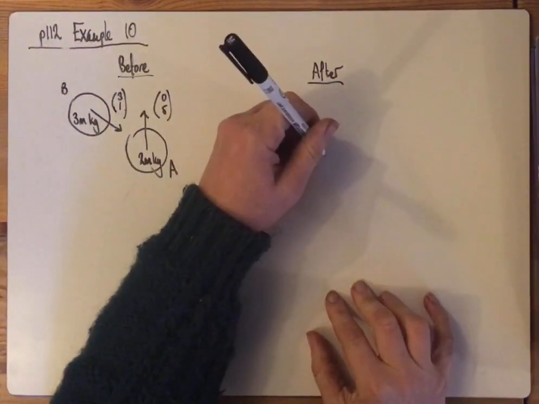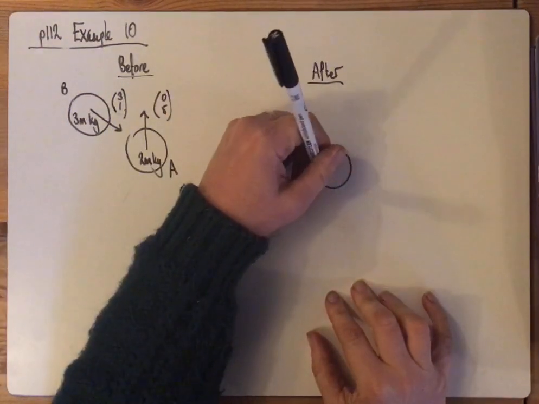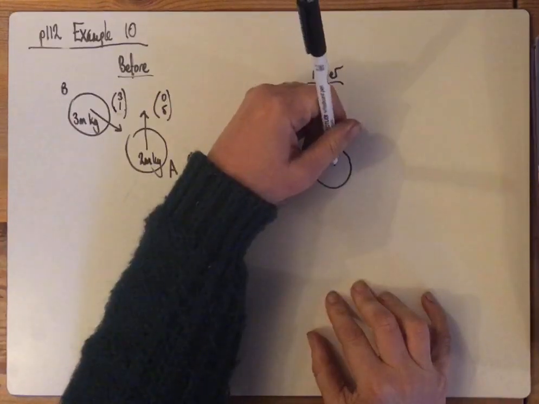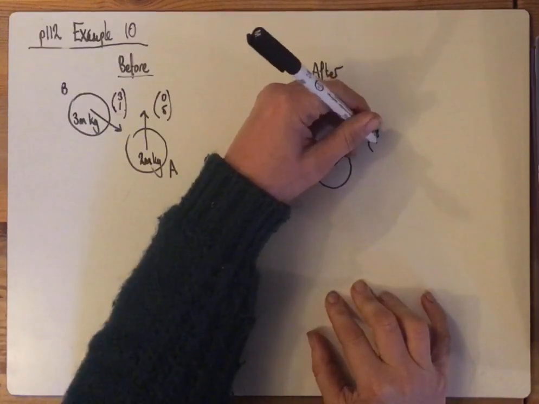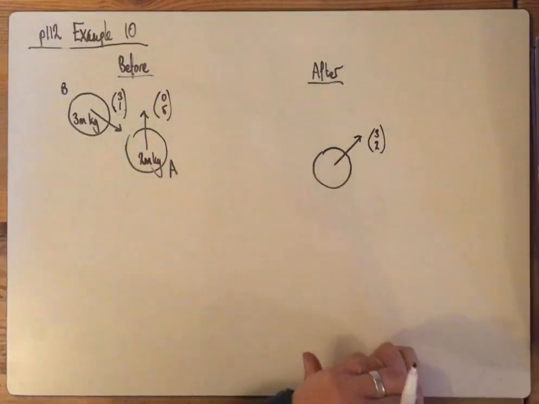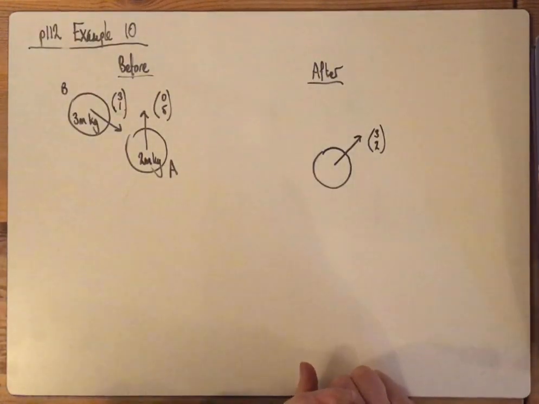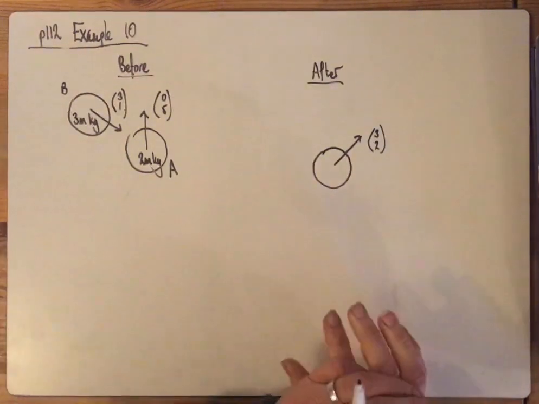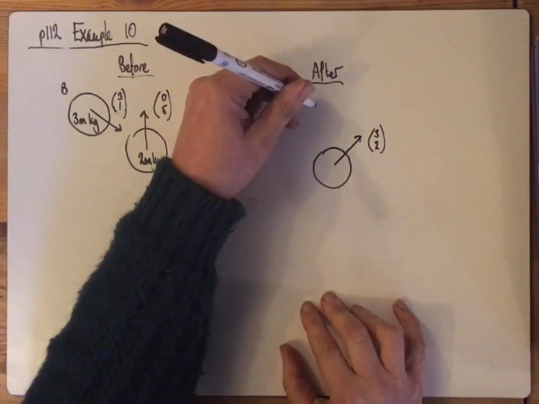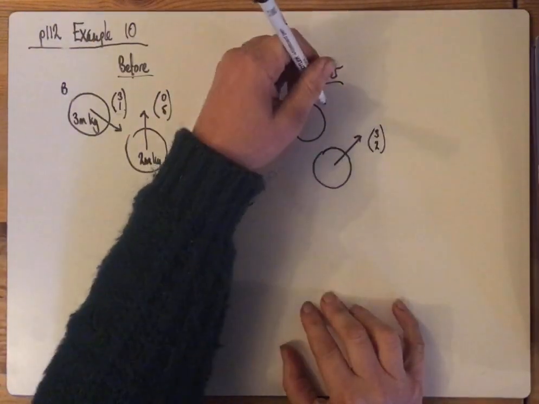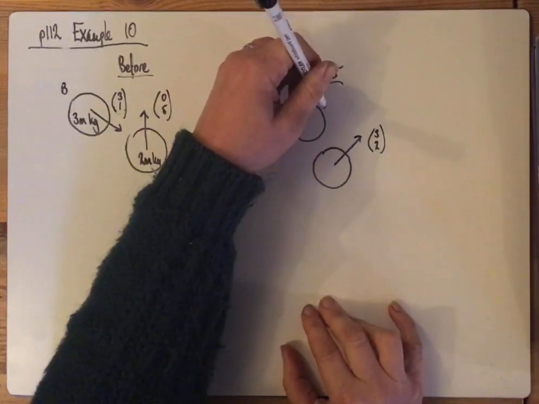So A's coming off this way. And then we're kind of in this situation of going, oh, crikey, what's going on? So it looks like B might go off up here somewhere, but we don't really know.